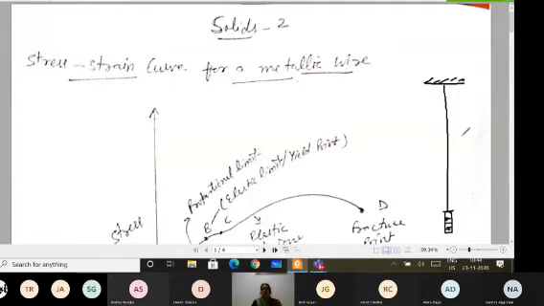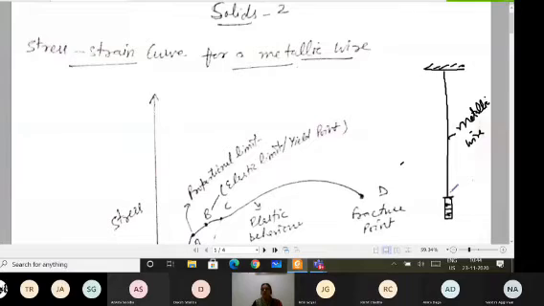It means I take a metallic wire of a given length, I suspend the weight from the free end, and I note the extension. Stress means force per unit area. If I know the area of cross section of this wire, area is pi r squared, and I can find the radius using a screw gauge.